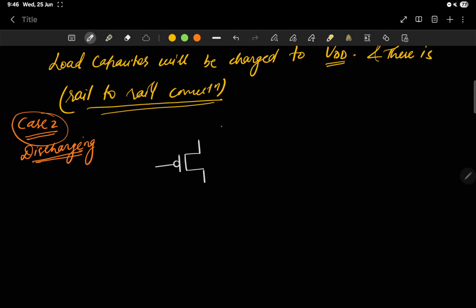This is my PMOS, and there is a charged capacitor. The capacitor is initially charged, and then I have to discharge it. So how should I write it in mathematical form? My VC at 0 minus is VDD.